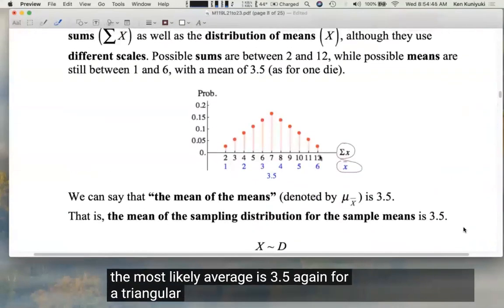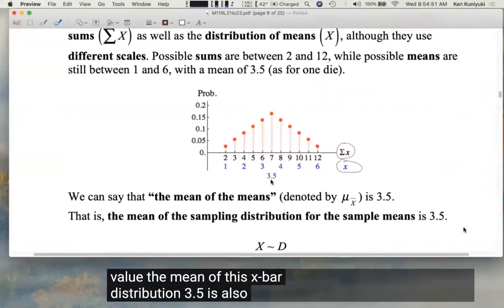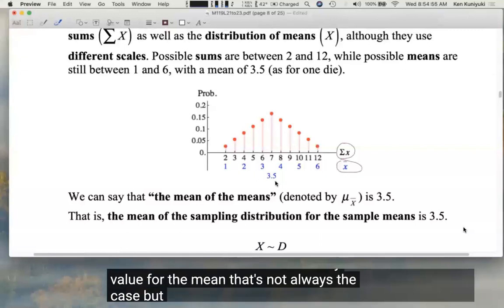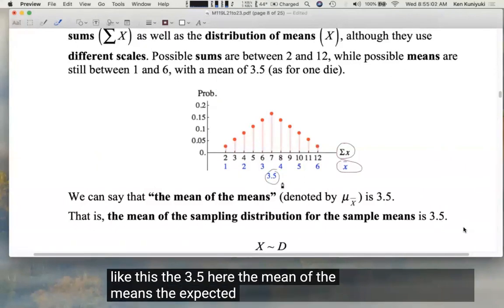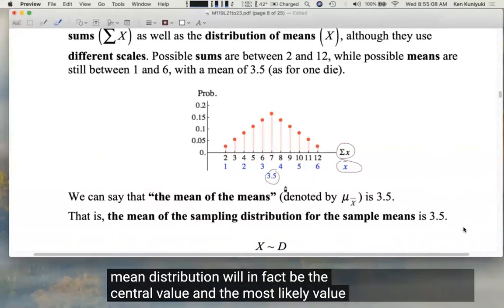Again, for a triangular distribution, that central value, the mean of this X-bar distribution, 3.5, is also the most likely value for the mean. That's not always the case, but for a triangular distribution like this, the 3.5 here, the mean of the means, the expected value of the sample mean distribution will in fact be the central value and the most likely value.